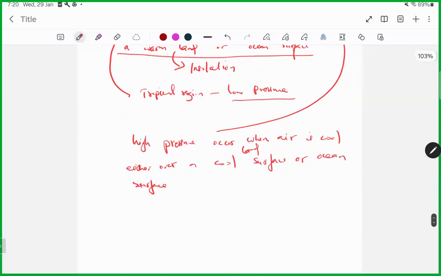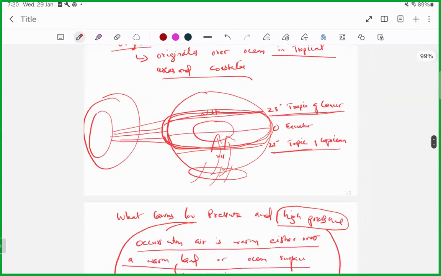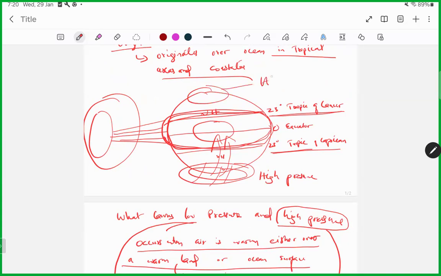That is why over the North Pole and South Pole, there is high pressure. This area has a high pressure belt, and this is a high pressure belt. So always remember that when the wind travels, it travels from high pressure to low pressure.